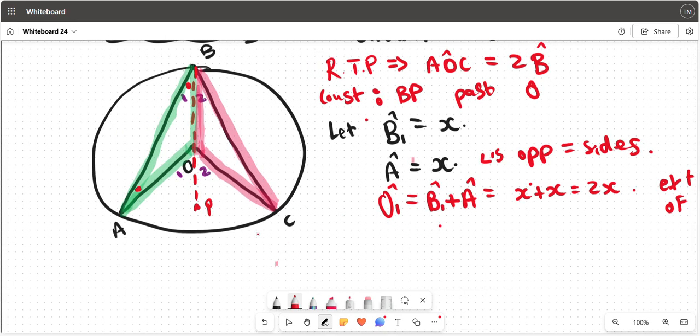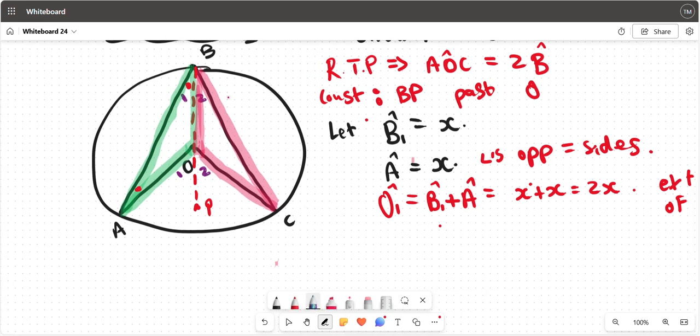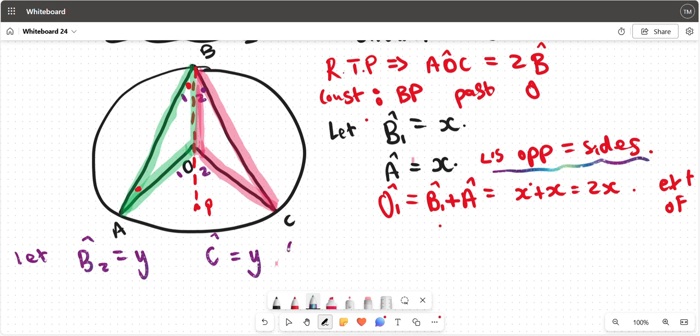Now I need to go into the pink triangle. In the pink triangle, I'm going to let B2 up there equal to Y. Then C, the one at the corner, will therefore also be Y. My reason is the same as before, angles opposite equal sides.